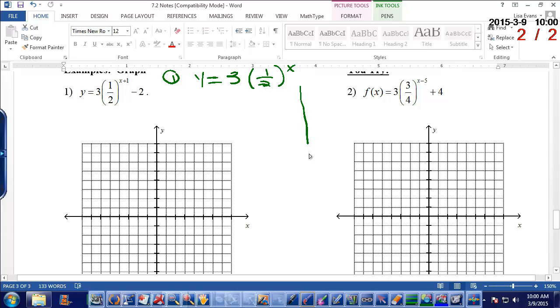I'm going to do that by picking points. I'm going to go ahead and put -1, 0, and 1. Okay, when I put -1, it flips my fraction, so I have 3 times 2, which is 6. When I put 0 in, this is gone, this becomes 1, so I have 3. When I put 1 in, I have 1/2, so 3 times 1/2 is 3/2, which is 1.5.